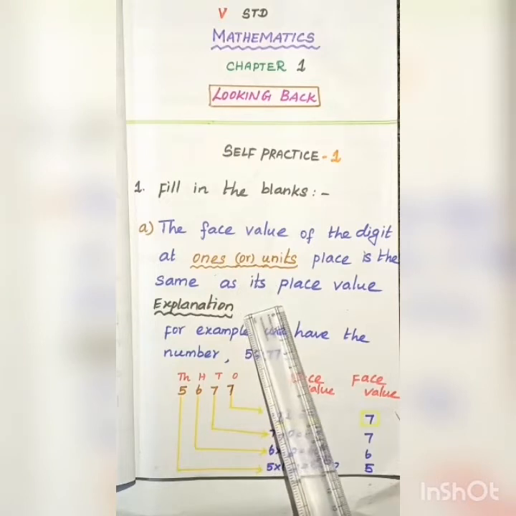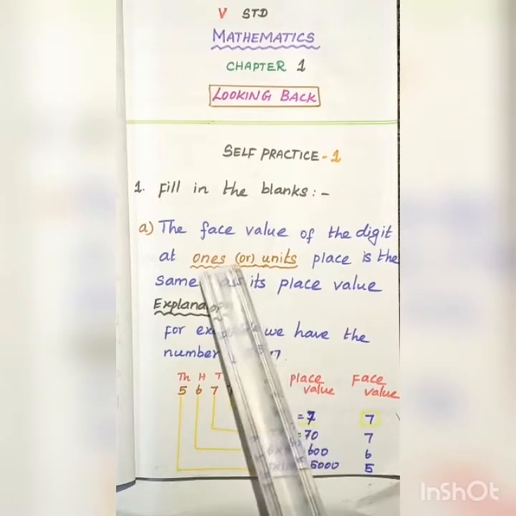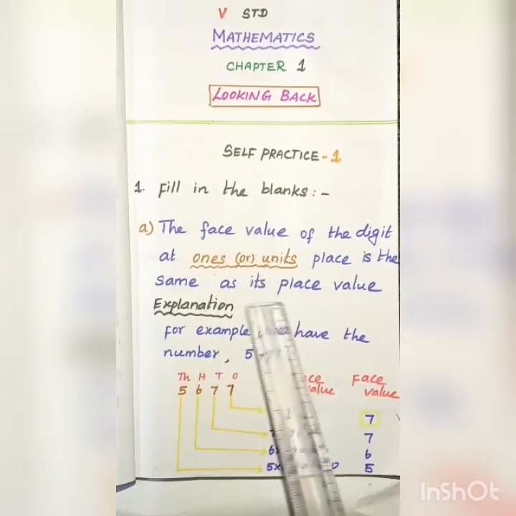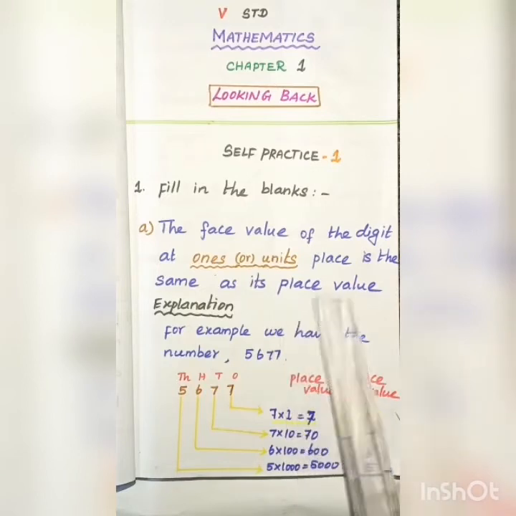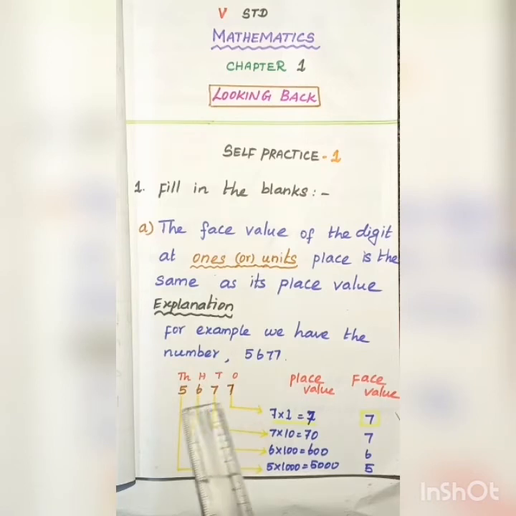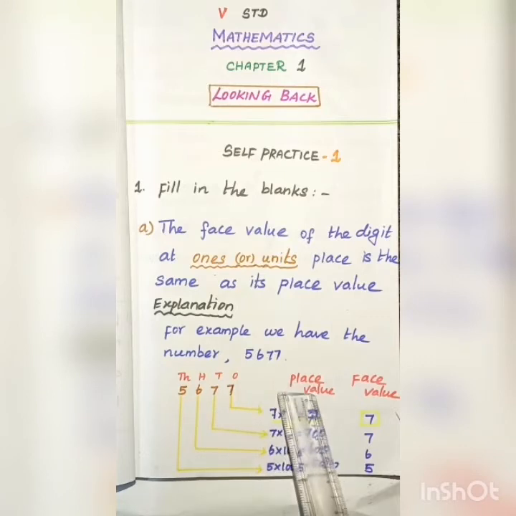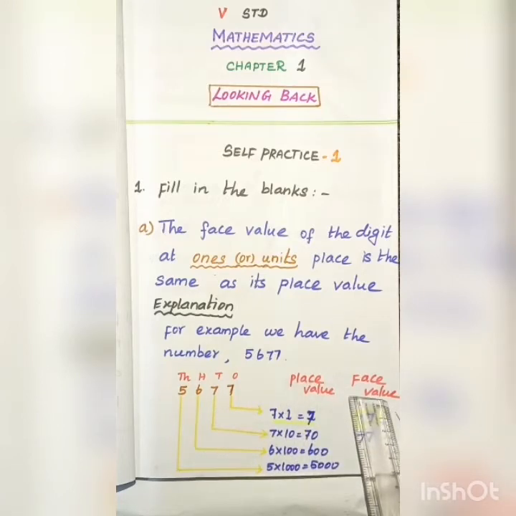Which place has the same value for face value and place value? What is the given number? 5677. You have to find the place value and face value.